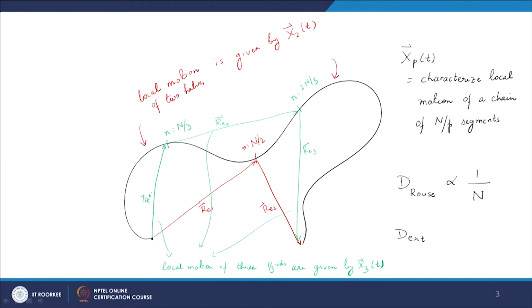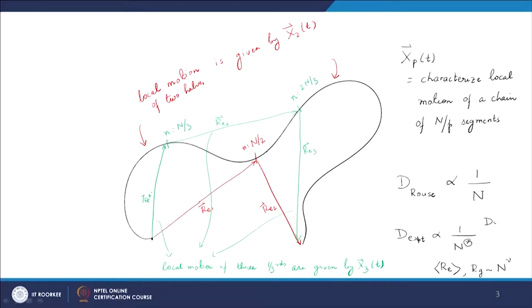The scaling experimentally is found to be something like 1 by N to the power nu, where nu happens to be the same scaling coefficient that we had got for the Re or the Rg, as we were doing in the very beginning of the course, that we obtained certain scaling for Re and Rg using random walk models, and they were of course different in good solvent, bad solvent and theta solvent regimes.